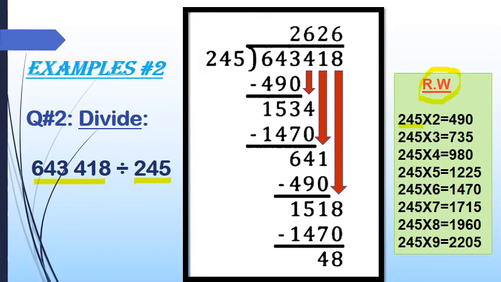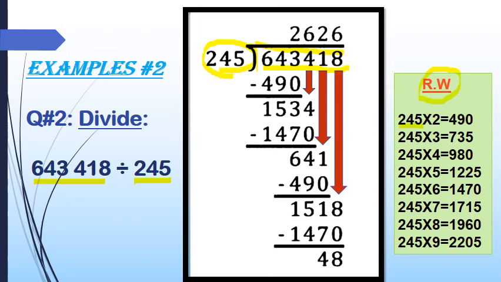Now first write the sign of division like this, then write the divisor, which is 245, outside of the sign, and 643,418 as the dividend inside of the sign. Then now divide the number 643 by 245.